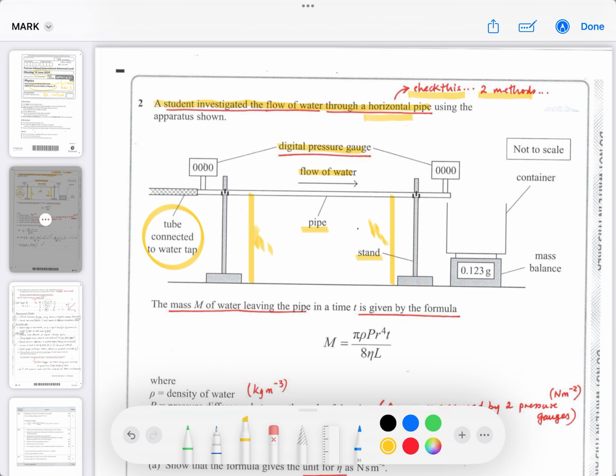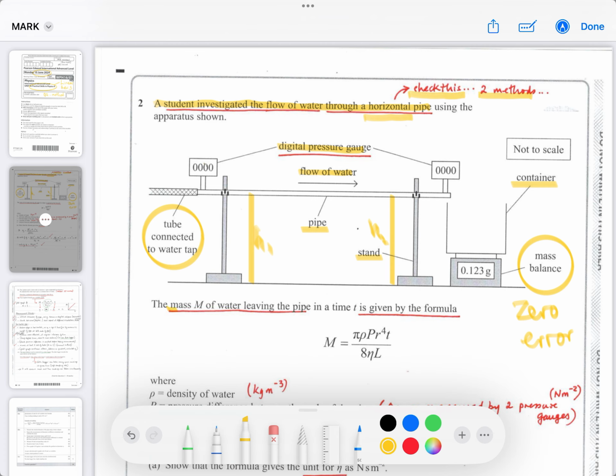You're then collecting the water in a beaker or some container, which is on a mass balance, which you should check for 0 error. So you can actually put your container on the mass balance and 0 it before the water comes in.